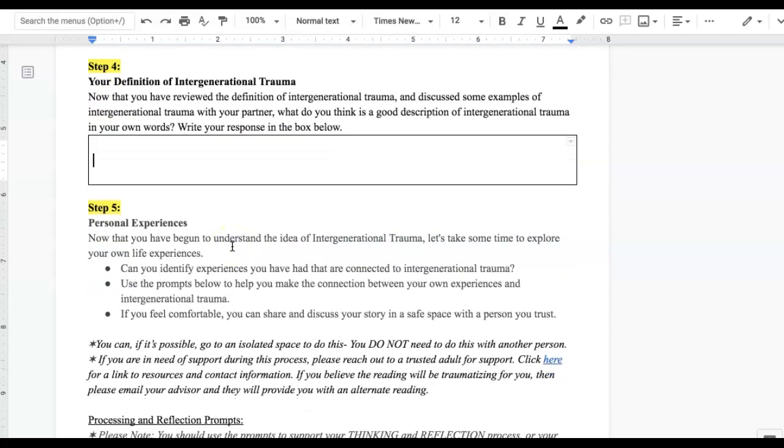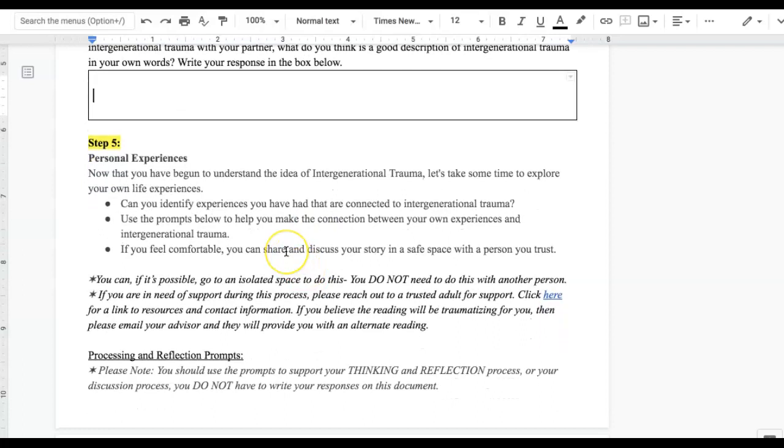After that, now you'll take some time to look at your own personal experience with these words, intergenerational trauma. Can you identify experiences that you've had that are connected to intergenerational trauma? Then you're going to use the prompts below to help you make the connection between your own experiences and intergenerational trauma.